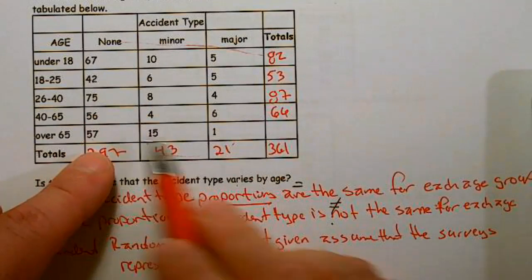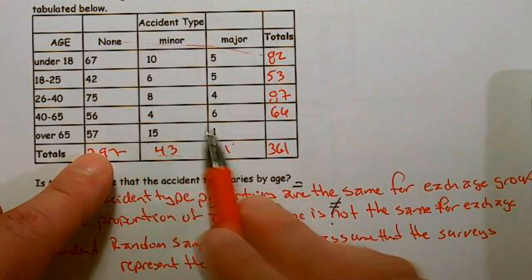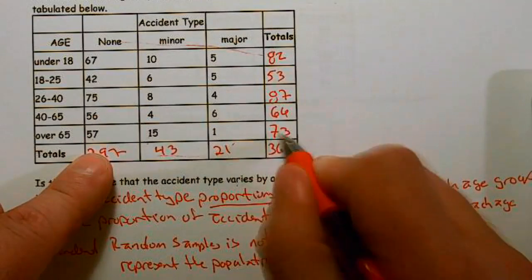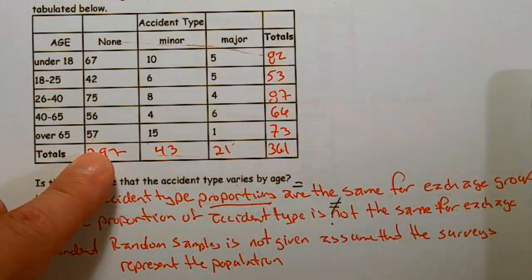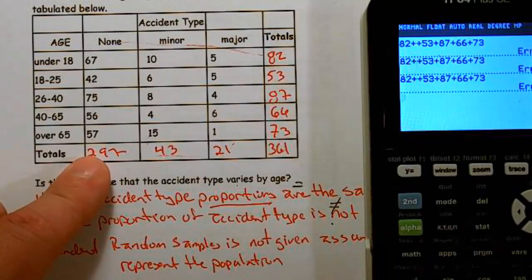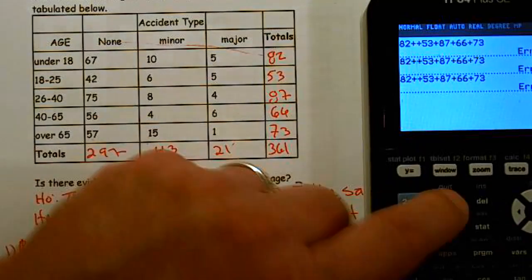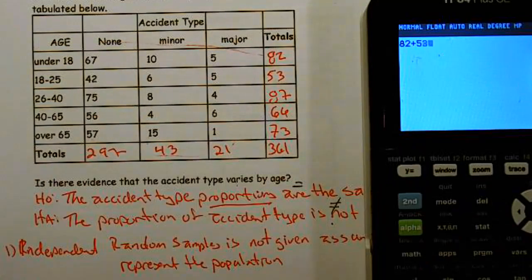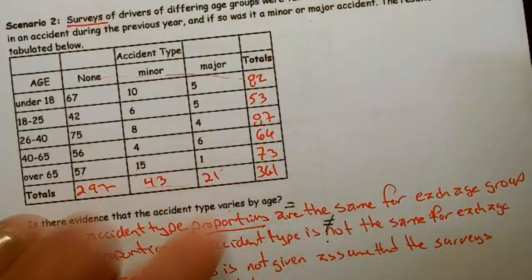And 57 plus 15 is 72, plus 1 is 73. Check this out again. 82 plus 53 plus 87 plus 66 plus 73 equals 361. So our rows and columns sum up.